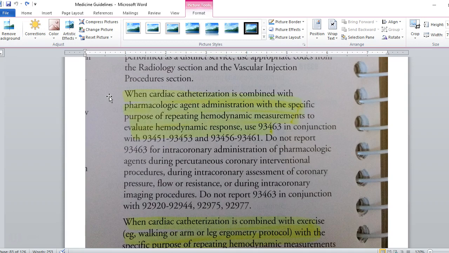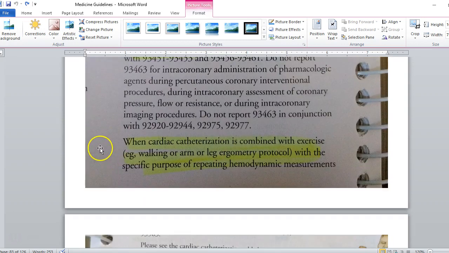Okay, so basically this is giving the patient a drug to see if giving that patient a drug changes the flow of the heart, of the blood through the heart and through the great vessels. So again, they're telling us that we have a separate code we use in conjunction with these catheterization codes to describe the pharmacologic agent administration.